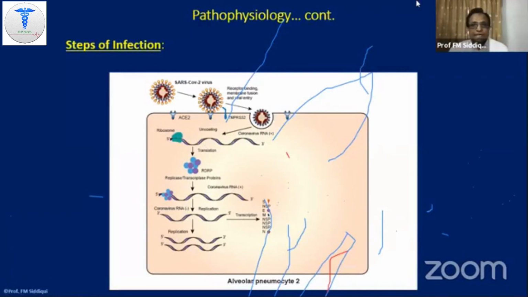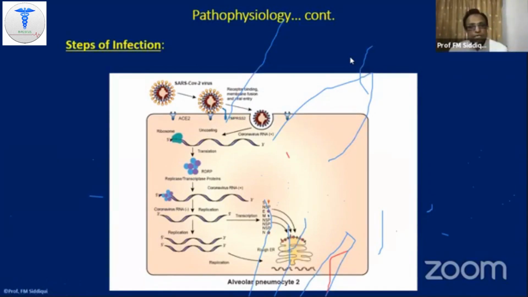But this is not enough, as the virus also needs proteins to be synthesized.